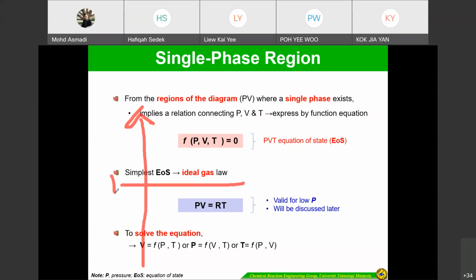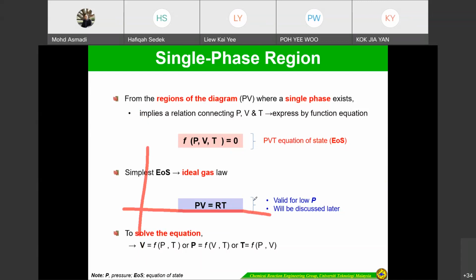kalau ini adalah value 1, Z versus apa? Pressure. Sekejap, saya check. Saya rasa pressure, ataupun temperature lah.